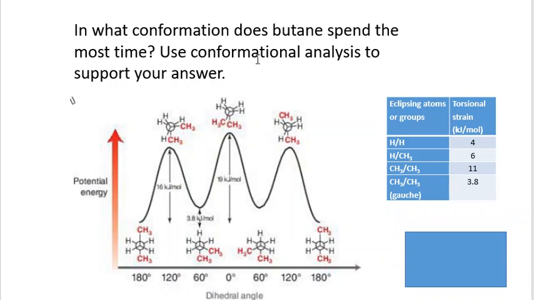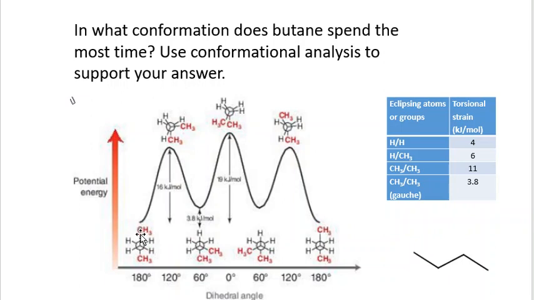One of the things you might notice, or what this asks up here, is what conformation does butane spend the most time in? And remember that the more stable it is, the more likely it is to not change. And so these anti-conformations is where butane spends the most time. And maybe this is surprising to you, maybe not, but if we think about how we draw this with a bond line structure, this is actually a staggered conformation.